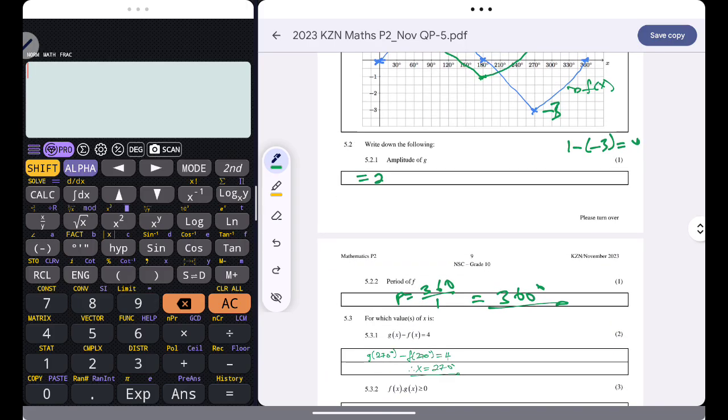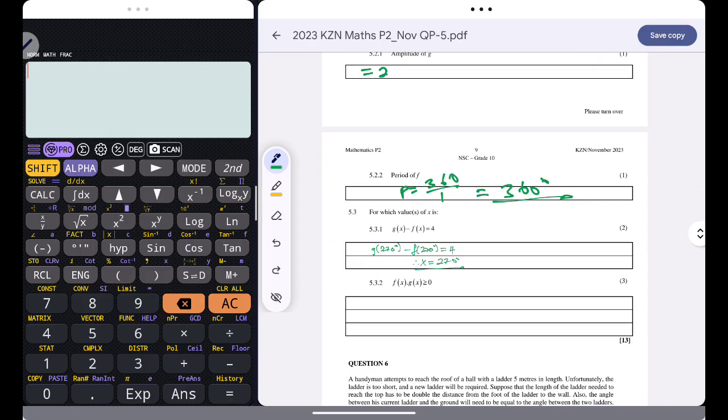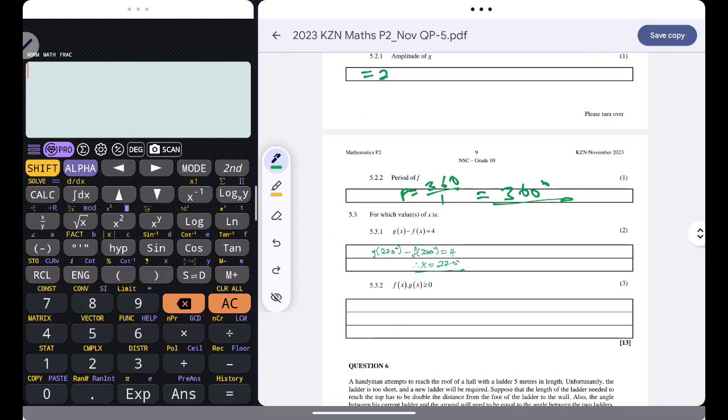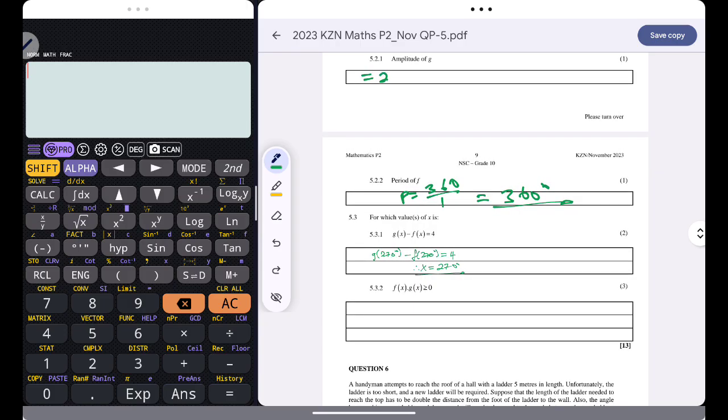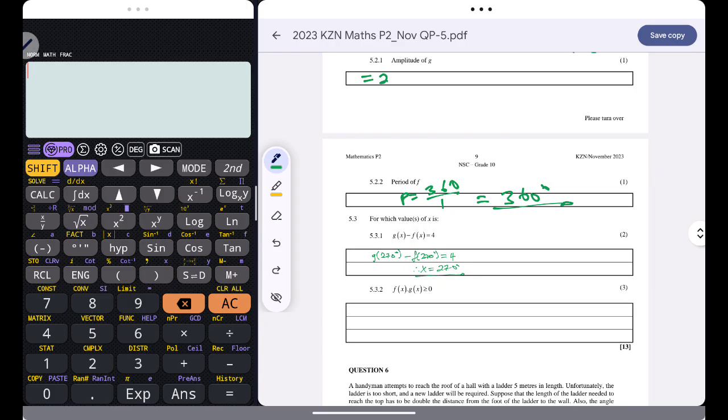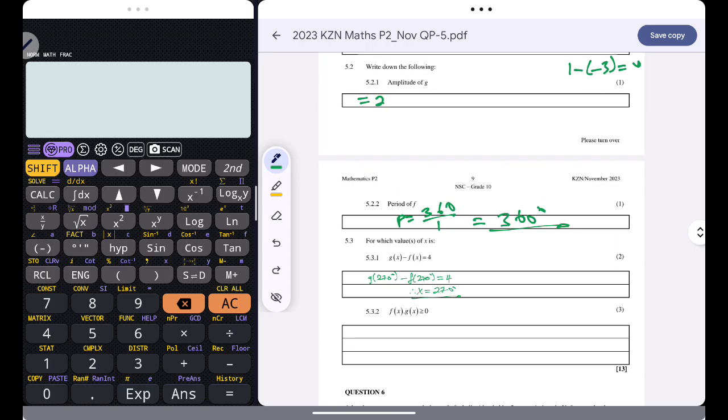And now what am I looking for? For which values of x is f of x multiplied by g of x greater than 0? f of x multiplied by g of x greater than 0 simply means that I'm multiplying two things and my answer will be positive.